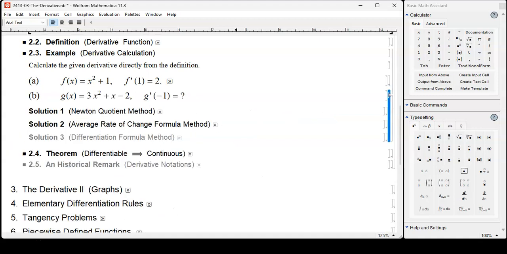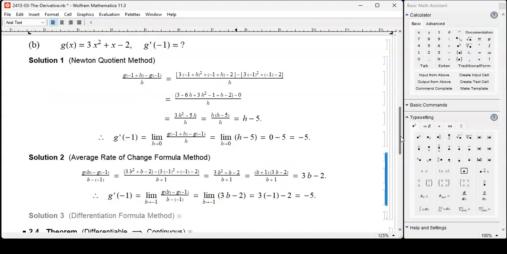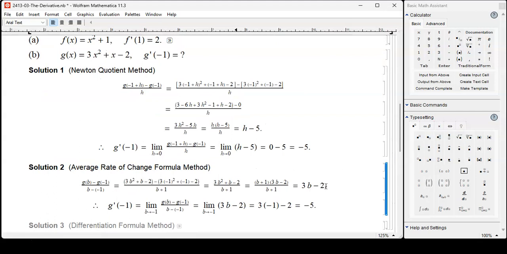We do the same thing for the second problem. We can use Newton quotient like this. And then, once you get 0 over 0 type limit, factor and simplify, and then use the trivial limit rule, plug in. Or we can do average rate of change computation, what we just did.